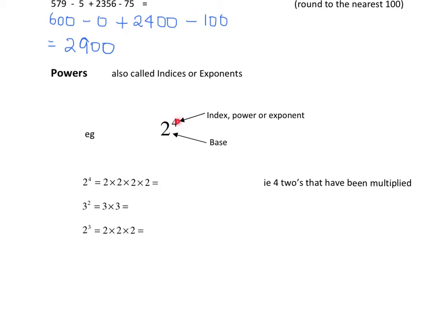So 2 to the power 4 means we write down 2 4 times and multiply. 3 to the power 2 means we write down 3 twice and multiply. 2 to the power 3 means we write 2 3 times and multiply.